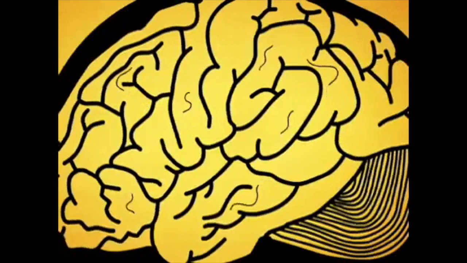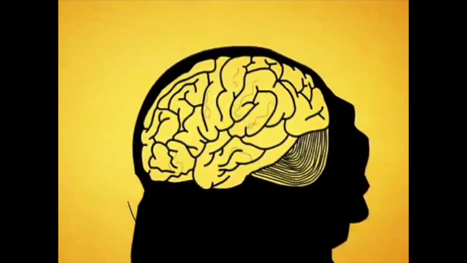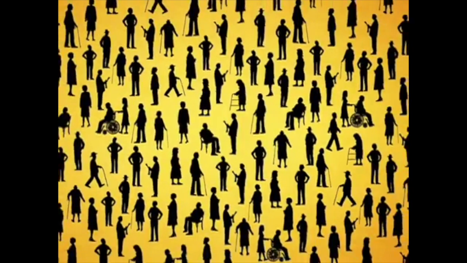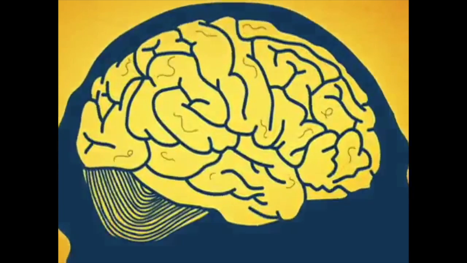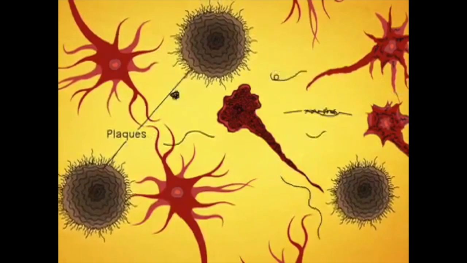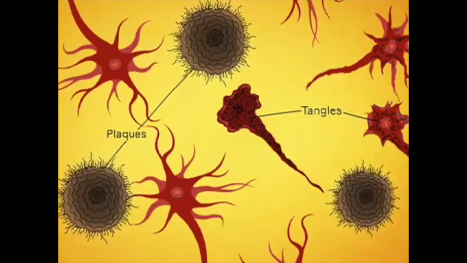What is Alzheimer's disease? Alzheimer's is a slow, fatal disease of the brain affecting 1 in 10 people over the age of 65. No one is immune. The disease comes on gradually as 2 abnormal protein fragments called plaques and tangles accumulate in the brain and kill brain cells.